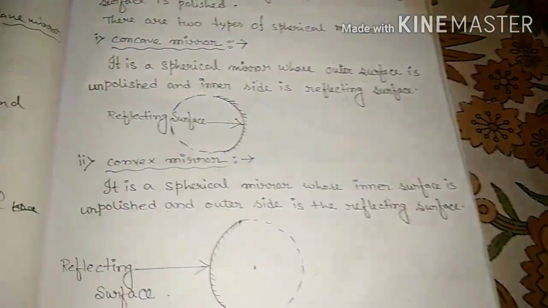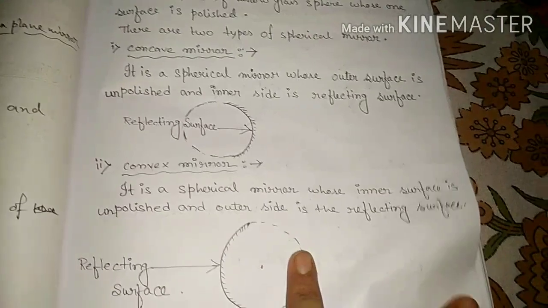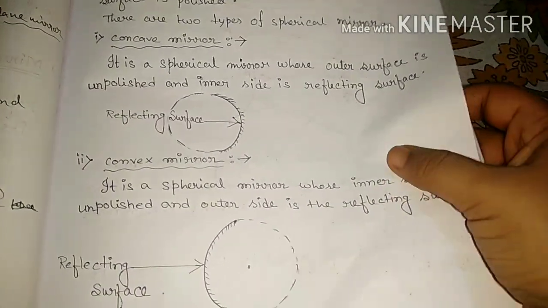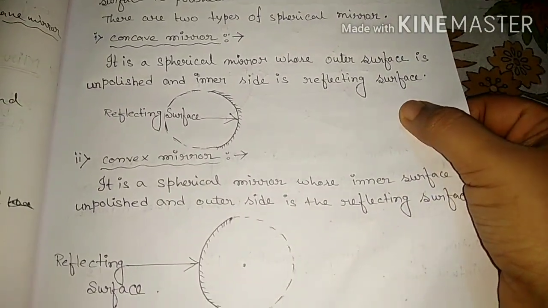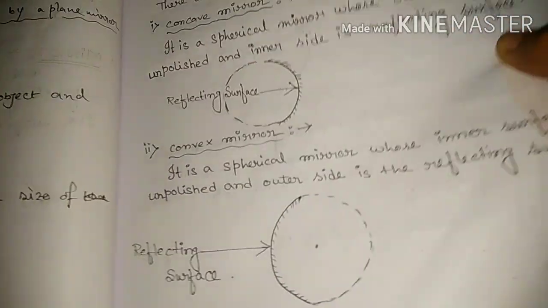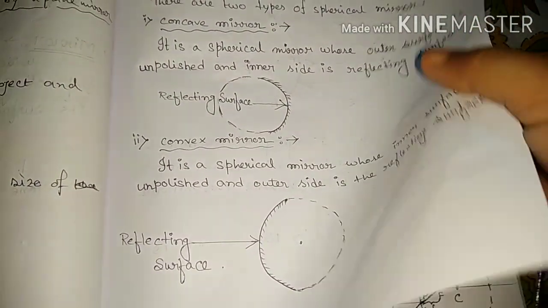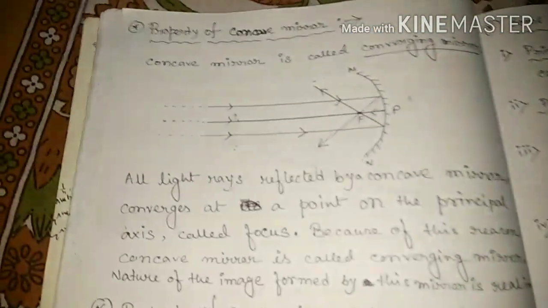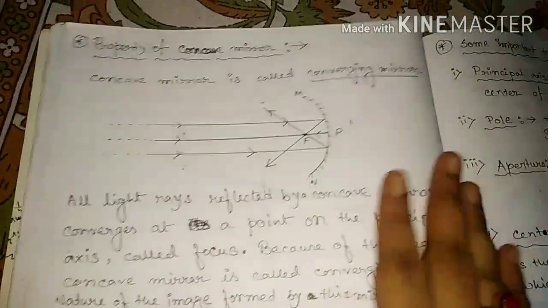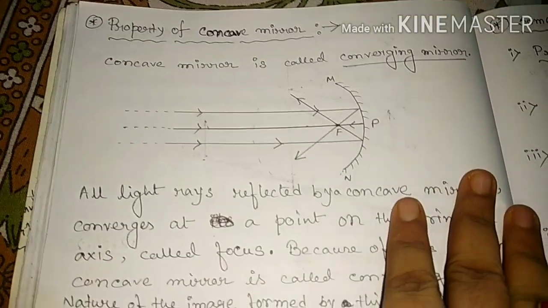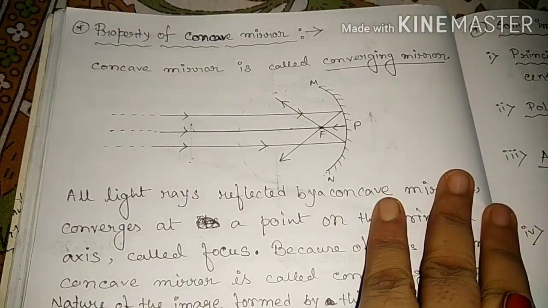Clear? Okay. Now we also studied in class 7 that a concave mirror is called a converging mirror and a convex mirror is called a diverging mirror. But why? It is a property of concave and convex mirrors. A concave mirror is called a converging mirror.